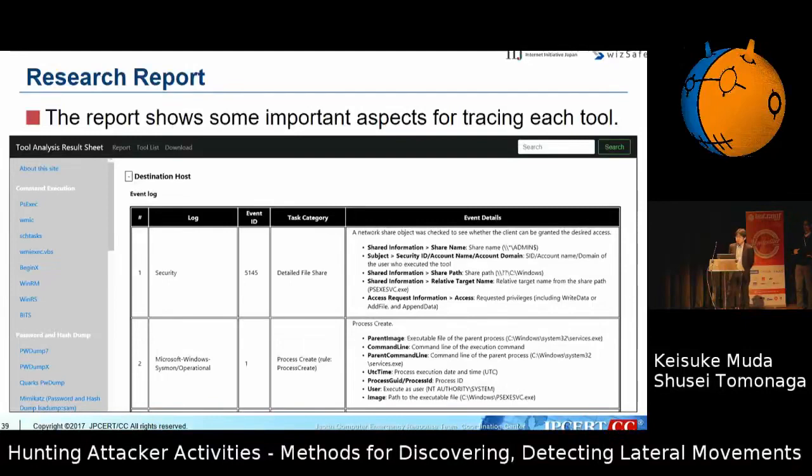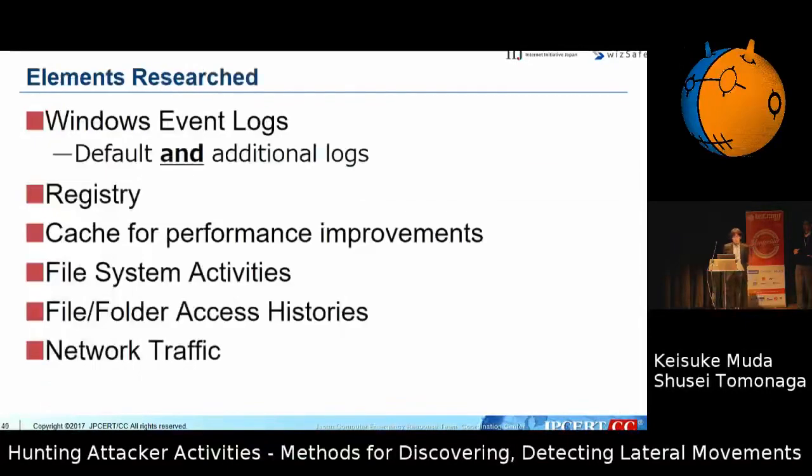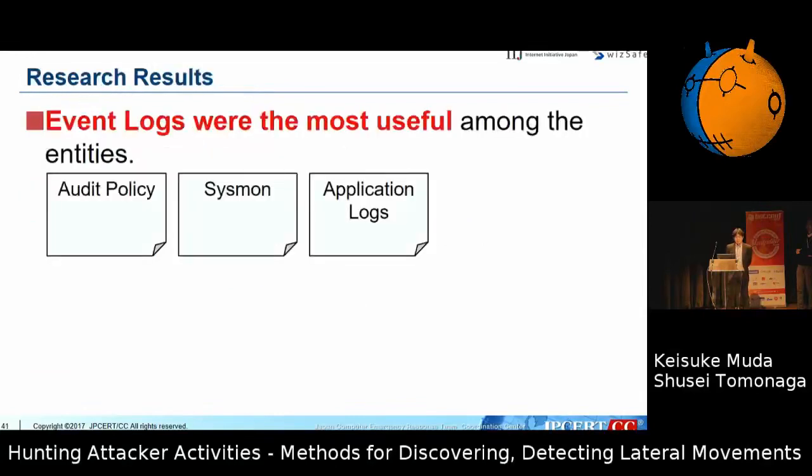What logs are in the documents are the Windows event logs, for both default and additional logs, registry and cache for performance improvements, file system activities, file and folder access histories, and network traffic. Among those elements, we found that the event logs were the most useful.